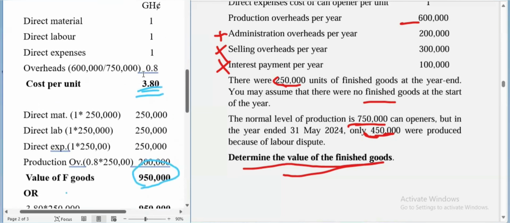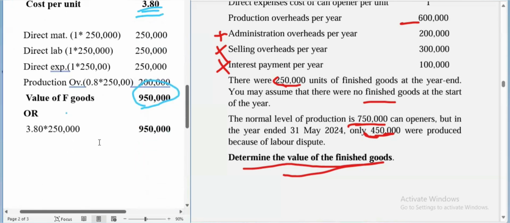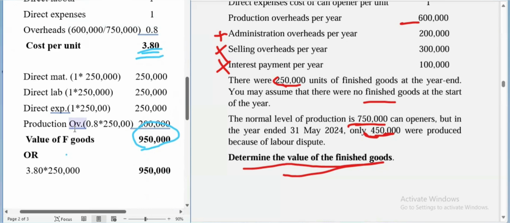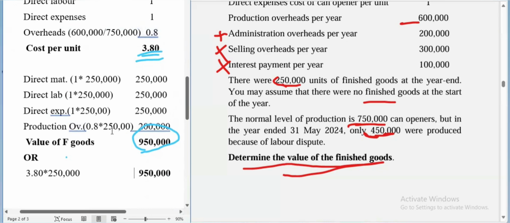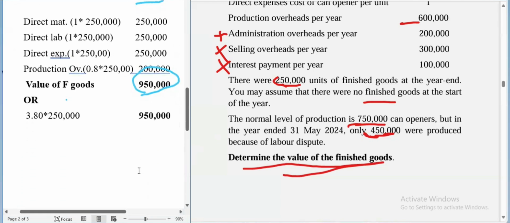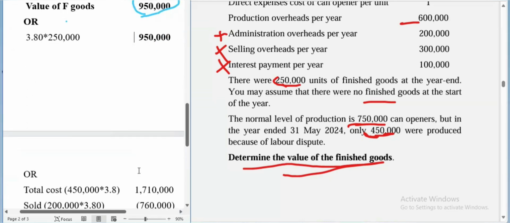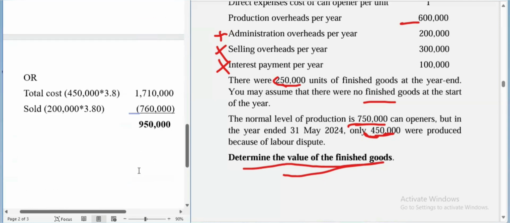We first got the cost per unit, which is 3 cedis 80 pesos, and then you can come straight and multiply it by the 250 in inventory held, and you get the value of the inventory, right? So this is the end of part 3 of IAS 2.